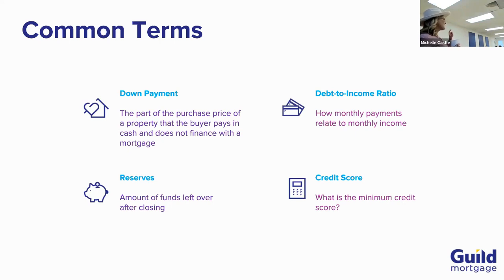A FICO is, and there's several different versions of FICO, and I can't even tell you which year the industry-wide version is, but we all use the same FICO version.